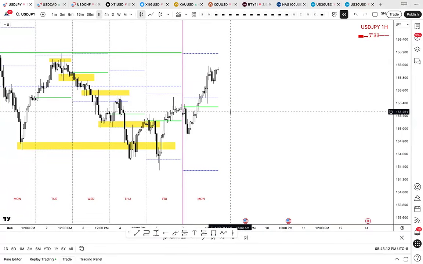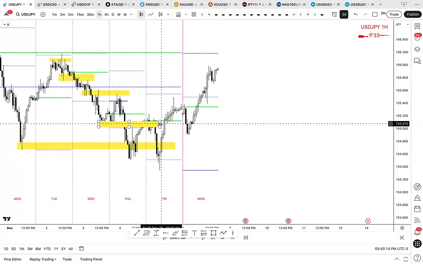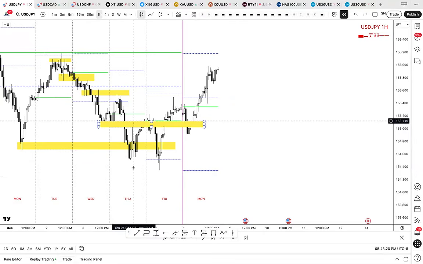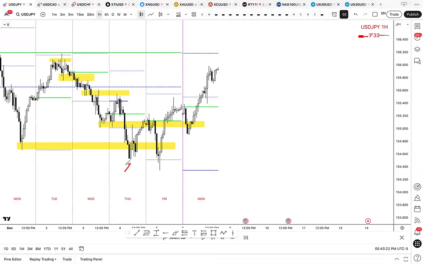Now, the very next day, train your eyes to move horizontally at these levels. If the market broke out and they're failing to go lower, guess what this breakout level is now becoming? It's resistance turned support.